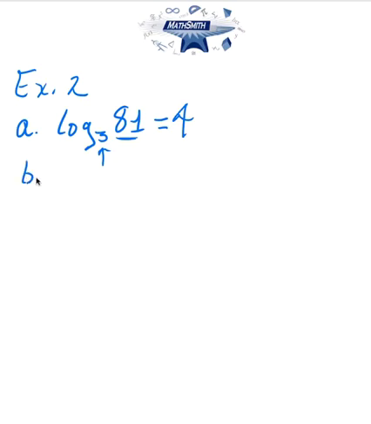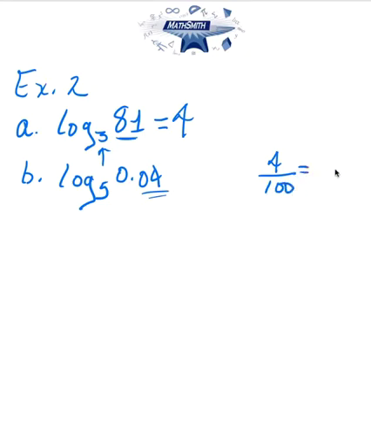All right, let's look at B. This says log base 5 of 0.04. This one's just a little bit trickier because you're looking at 0.04 and you're wondering, how do I raise 5 to that power to get 0.04? But let's think about what this decimal is in terms of a fraction. That's the same thing as 4 over 100, 4 100ths.